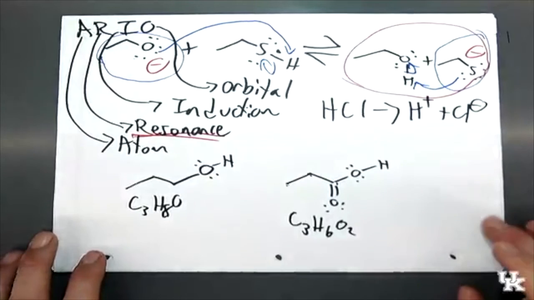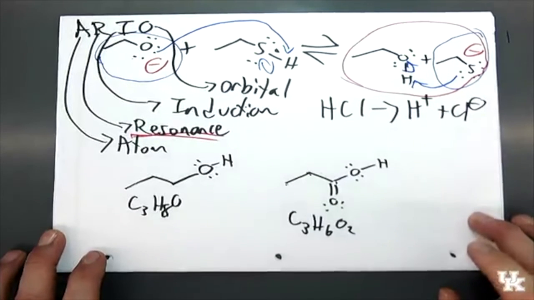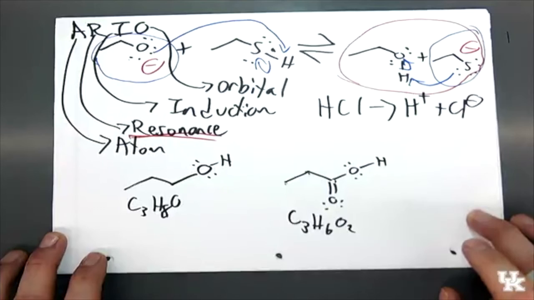So then, if we're going to find out what is the most stable conjugate base by resonance, it really makes sense just to go ahead and draw the conjugate base of these molecules, right?